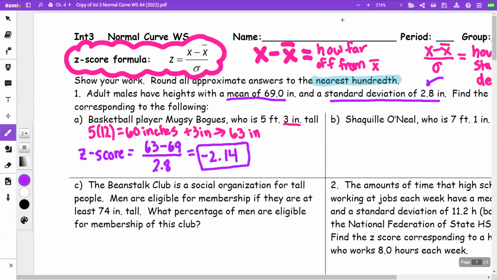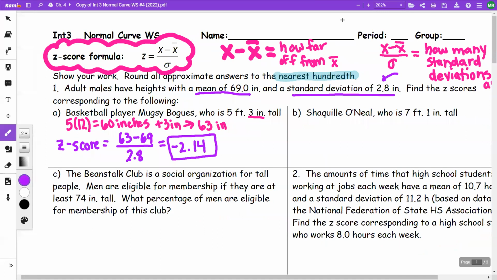Okay. Now, Shaquille O'Neal. He is 7 feet times 12 inches, which is going to push him to 84 inches. And I'm going to be adding 1 inch onto that, so he's going to be 85 inches. And then I'm going to take his height, which is 85, and subtract the mean, which is 69. I'm going to divide it by the standard deviation, which is 2.8.